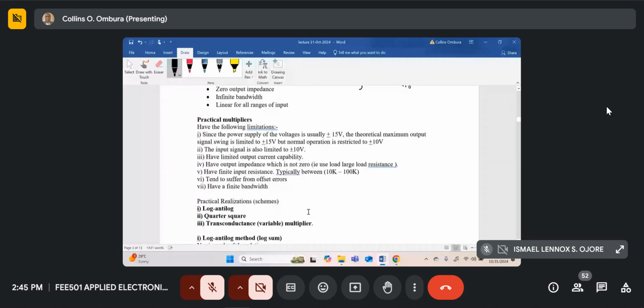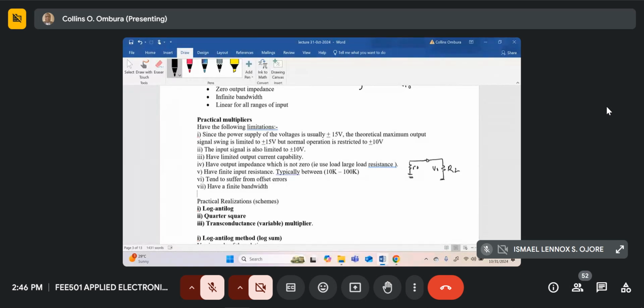So that all the voltage generated at the output appears at the load. For example, this is what I mean. If this is R0, the output of your multiplier, and this is your load, you want all the voltage appearing at the output.